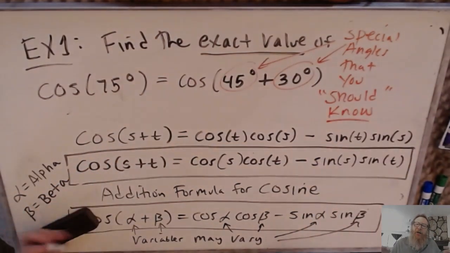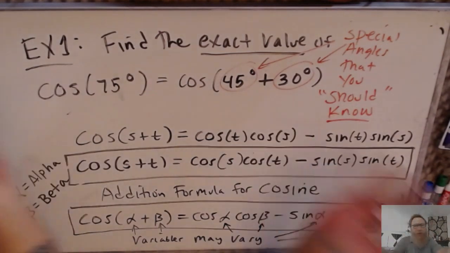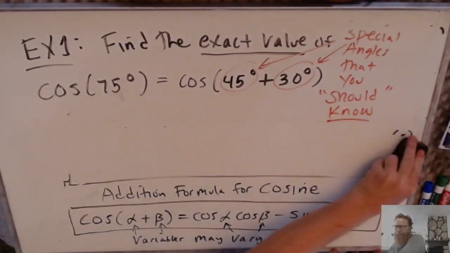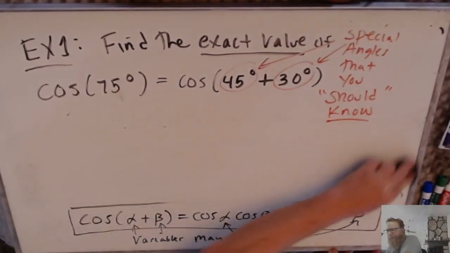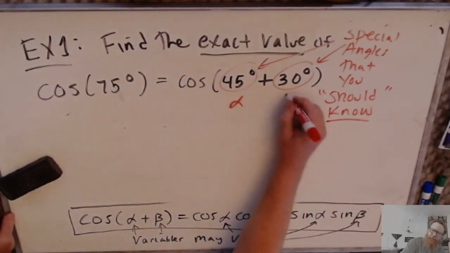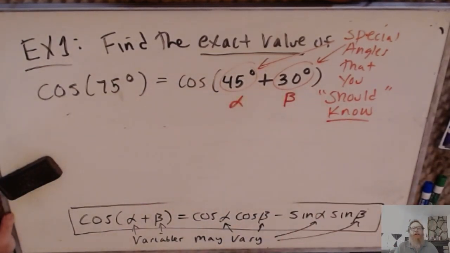I don't know if you do. I hope that you do. If you don't, you're going to know them in 5 minutes now. So this is my alpha, this is my beta, or my S and my T, or whatever you want to call them.